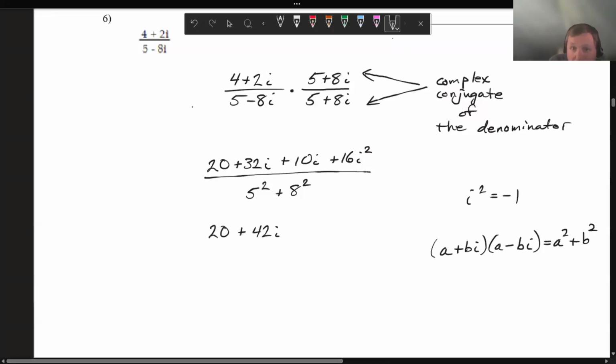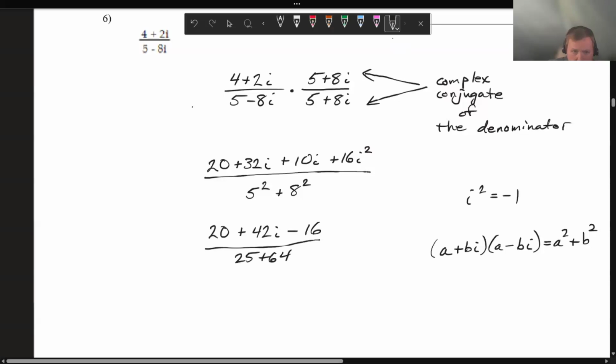How about that? Okay, so i squared is -1. That means that 16i squared becomes minus 16. And then on the bottom, that's 25 plus 64.